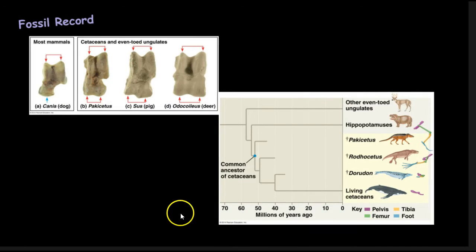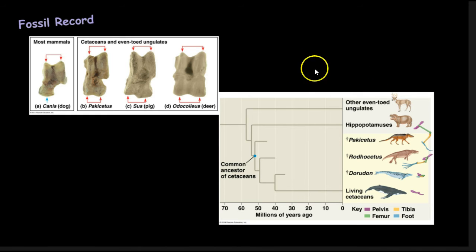Now, we also have fossil records. DNA sequences show that living cetaceans, which include whales, dolphins, and porpoises, are closely related to even-toed ungulates. Well, even-toed ungulates include deer and pig. So how is it that the living cetaceans can be related to even-toed ungulates?